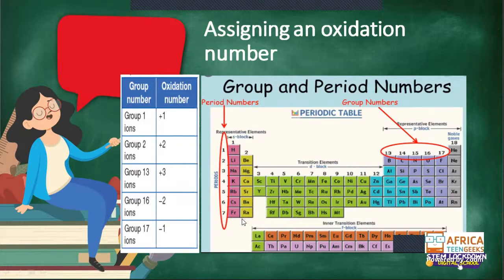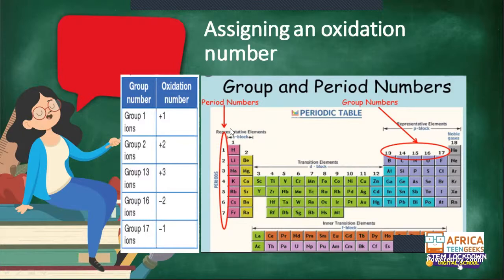So Li, lithium, sodium, potassium, and all of these will always have an oxidation number of +1. Group 2 ions will always be +2. This is very important that you know, because you don't have to memorize each and every element. You'll have a periodic table in your exam.